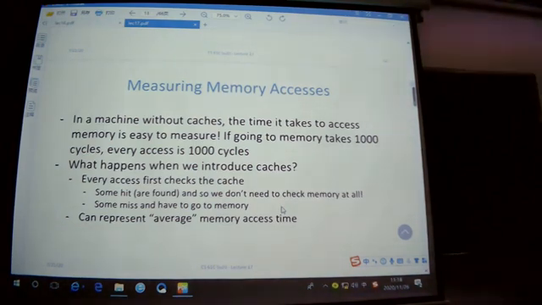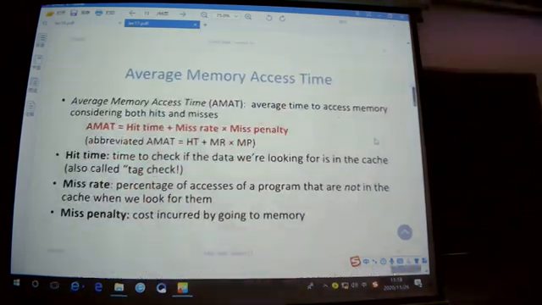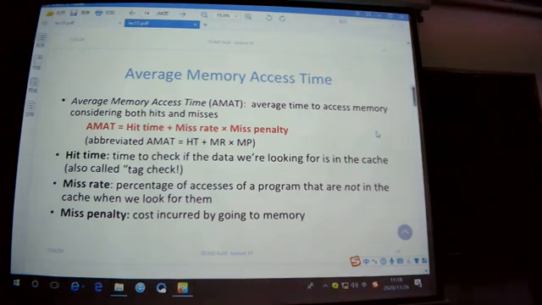So the cache is first, the memory is second. AMAT is average memory access time, in China called 平均存储访问时间. Some times are long, sometimes short, so the average can show the condition.